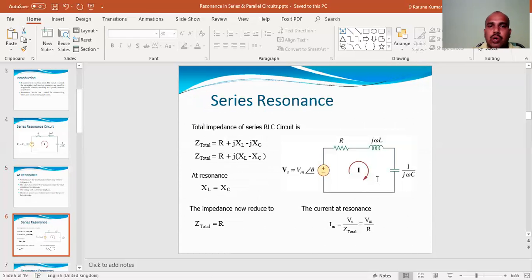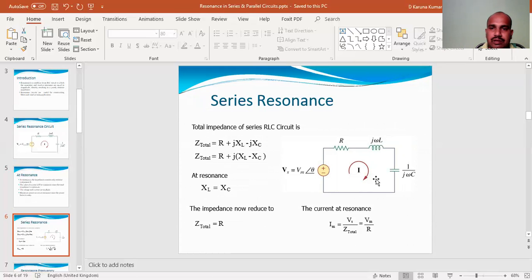The total impedance of this circuit is R plus j(XL minus XC). At the resonance condition, the reactance is 0: XL minus XC equals 0, so XL equals XC.